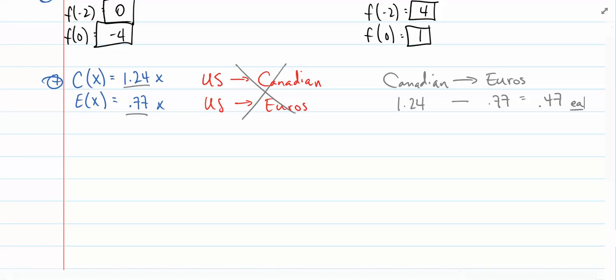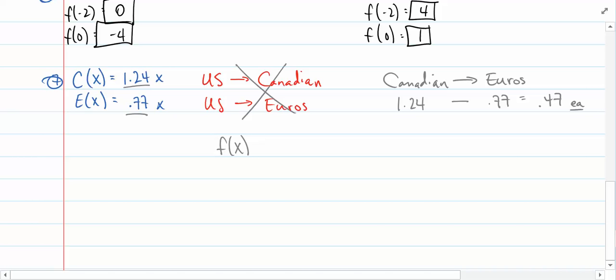Therefore, if we write one more function, this time we'll call it f of x because this represents the function that we're looking for. If we start with x amount of Canadian dollars, again, not US dollars to something else, but we're starting with Canadian dollars, and subtract 0.47 from each of those Canadian dollars, we should have a value for our euros.